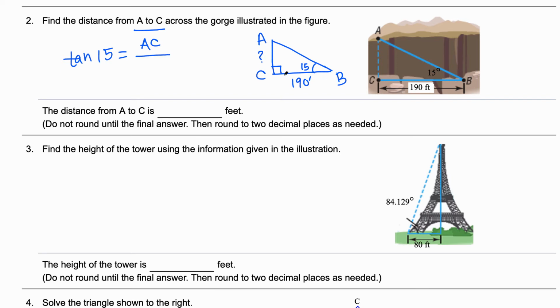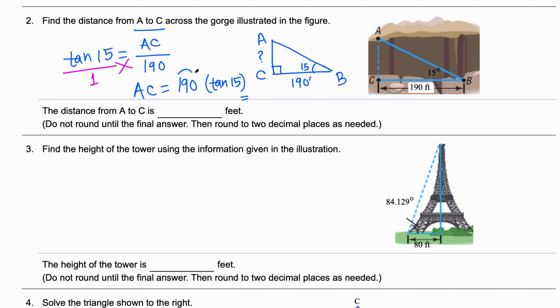All over adjacent, which is 190. Like in the previous problem, we can cross multiply, because tangent 15 is a decimal number. Then we are trying to determine AC, so AC times 1 is AC. Side AC equals 190 times tangent 15.